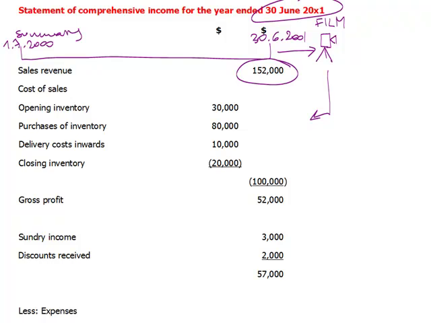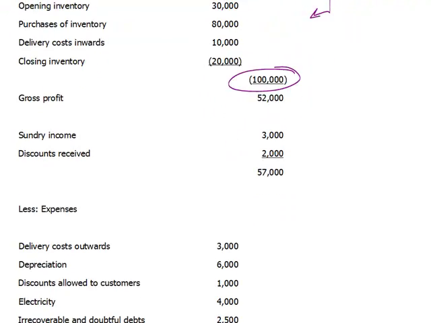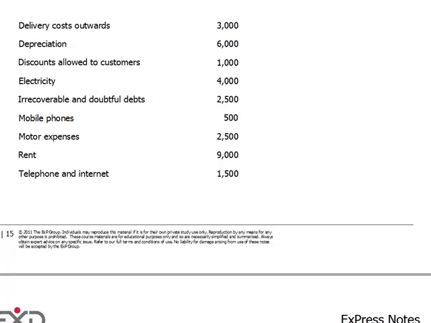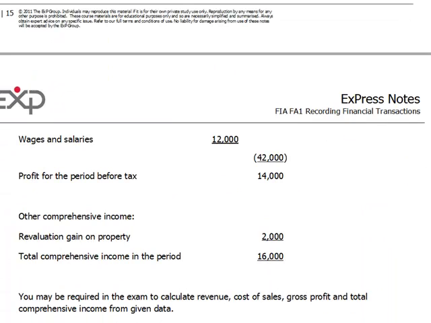Now this is a total of what we sold during the period. This is how much it cost us to manufacture what was sold. And ultimately, after incurring other expenses, we made the following profit for the year.